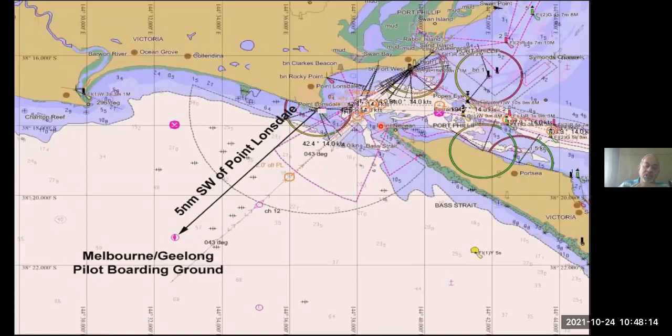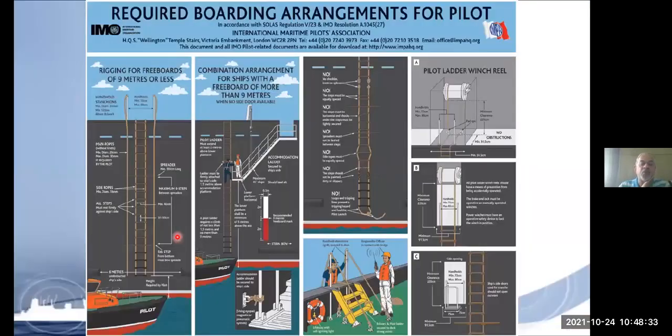Okay. See now, here they have shown 5 nautical miles. So 5 nautical miles away, this pilot will meet the ship. The first person to go on the ship is the pilot from that country. Whichever country the ship is going to, the first person to board is the pilot. Okay. Now how is this arrangement made?